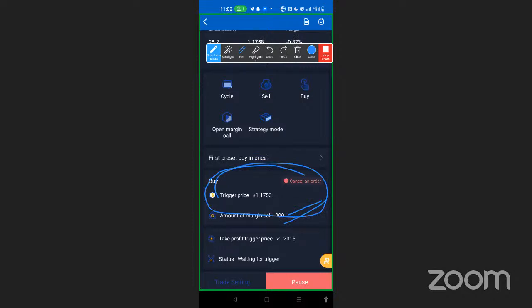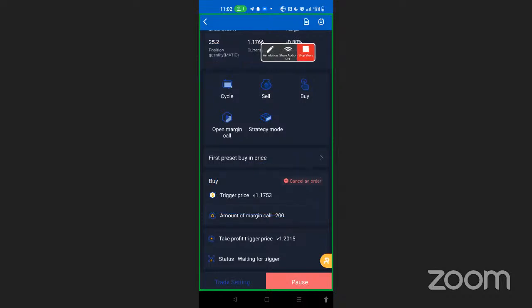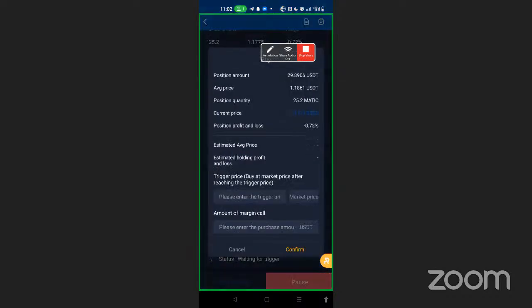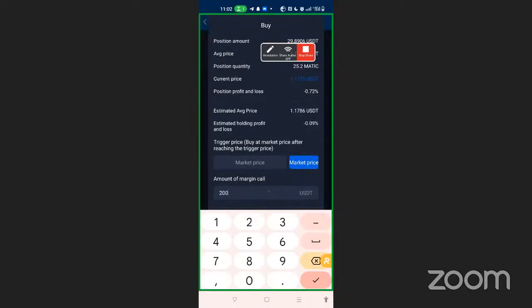I want to go back to the sell order, but if you have understood the buy, how to use the buy area, this is when you want to sell at a certain price. But if you want to buy immediately, you tap on buy, then tap market price, then put in maybe $200.